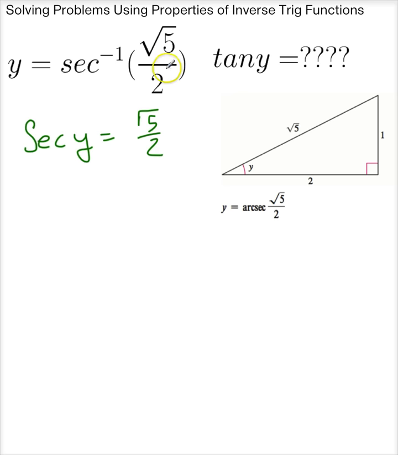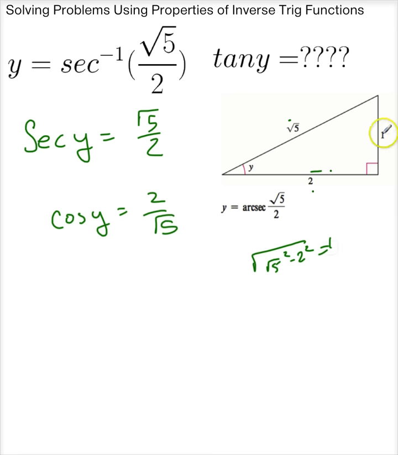The secant is, of course, 1 over the cosine, so the cosine of y is 2 over the square root of 5. So the adjacent side is 2, the hypotenuse is square root of 5. This side has to be the square root of square root of 5 squared minus 2 squared, or 1. So this side is 1.